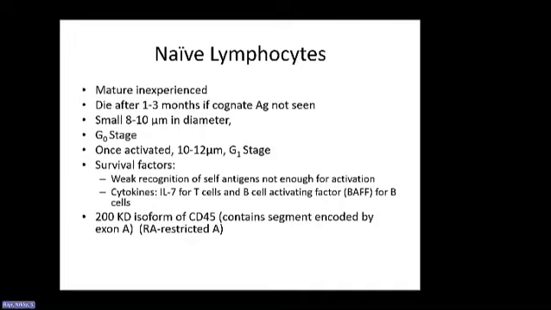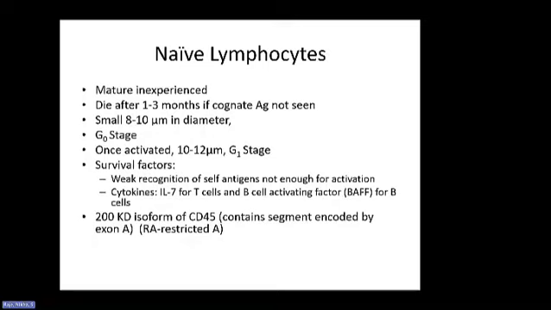All right, and then we talked about how CD45RA is present on naive lymphocytes. It's a marker of naive lymphocytes. This is an isoform of CD45, which means that the gene for CD45 can make two different isoforms.